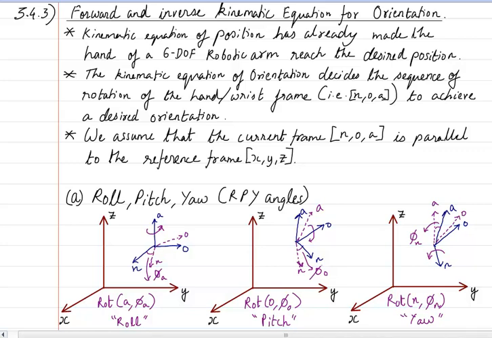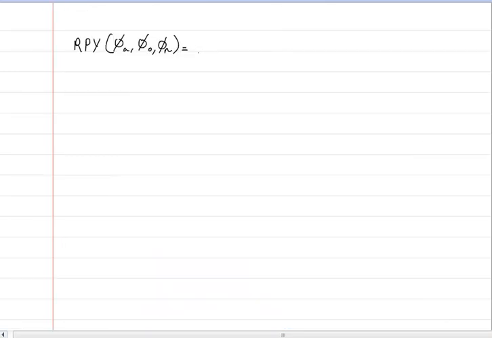So here we have to use post multiplication. The equation will come out in the sequence itself: rotation with respect to A by phi A, multiplied with rotation with respect to O by phi O, and third, rotation with respect to N by phi N.